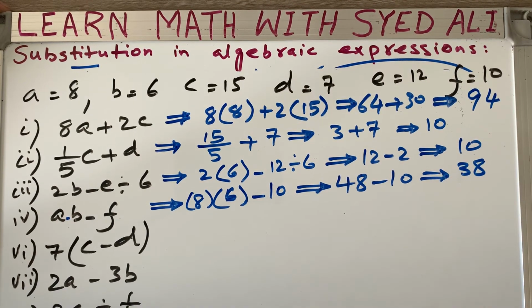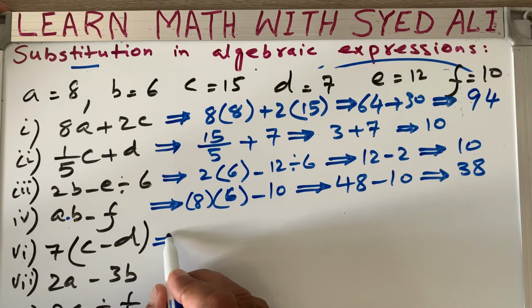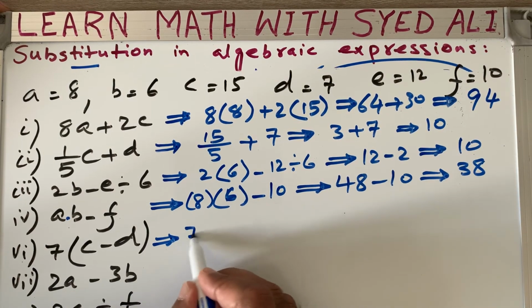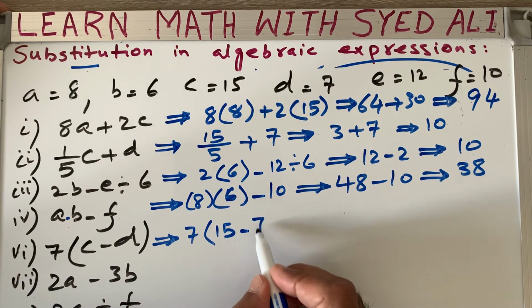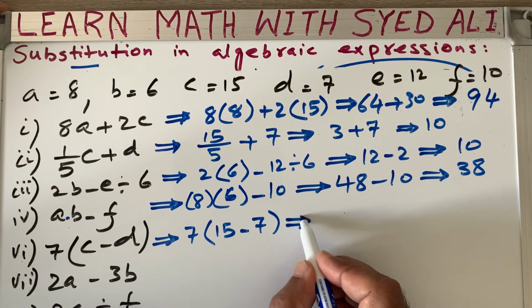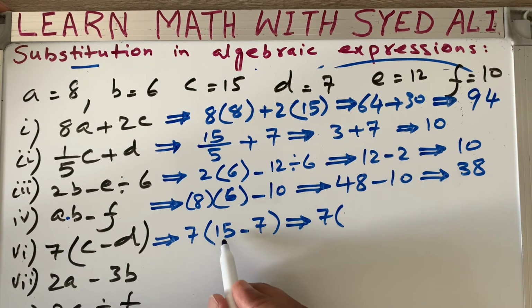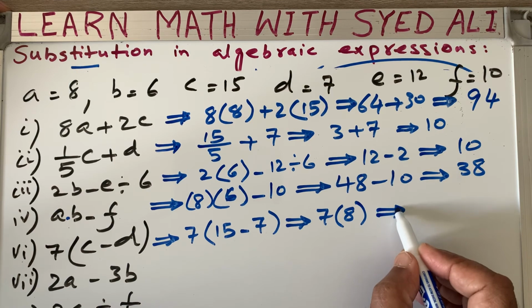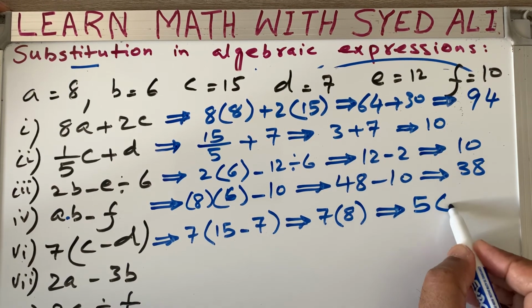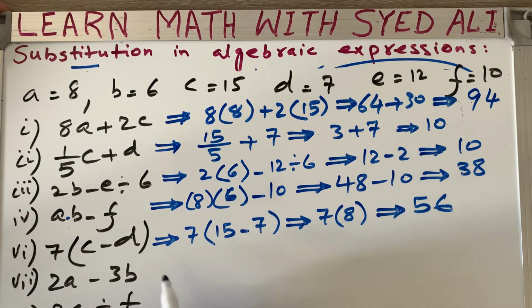Very good, 38. Now you have 7 outside the bracket, and inside the bracket is c, which is 15, minus d, which is 7. That gives you 7 times 8, and then you multiply, you get 56, right?